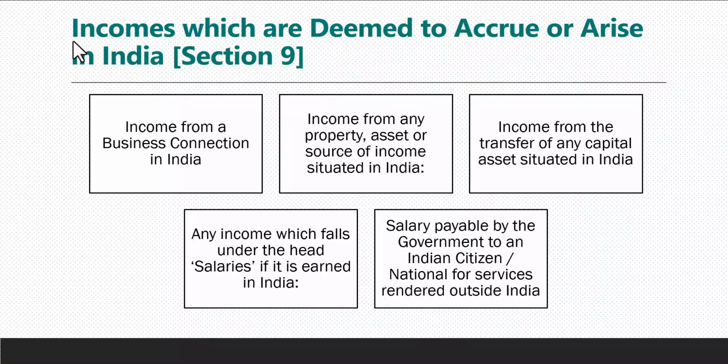Many Indians working abroad are government employees, working in Indian embassies and other places, or in organizations like the World Trade Organization or WHO. They get salary paid by the Indian government, so all that money will be taxed in India, because it is income deemed to accrue or arise in India.